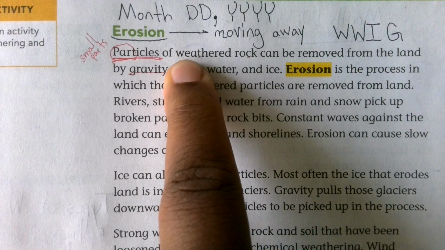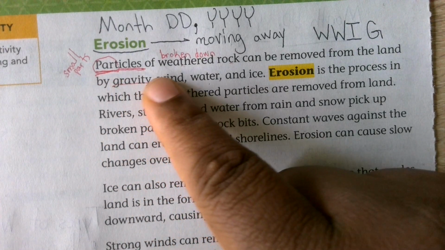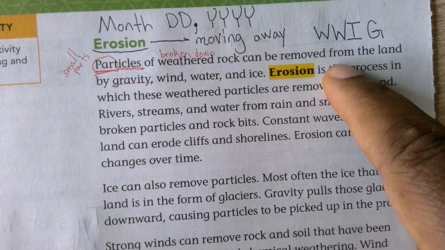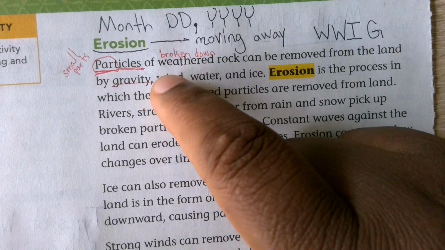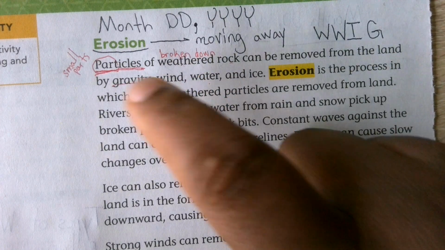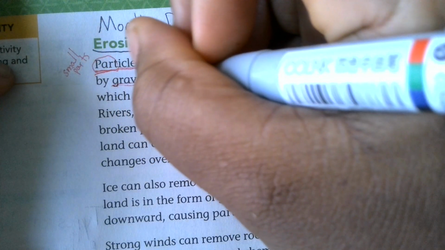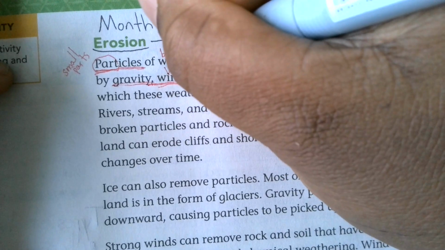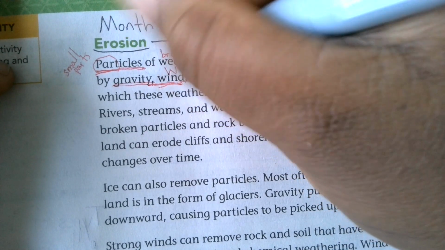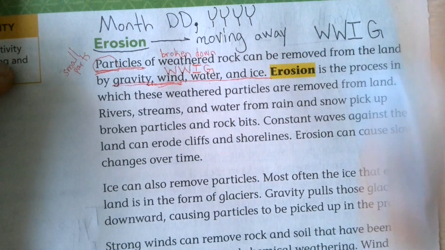So that first sentence tells me that small parts of broken down rock can be removed from the land by, and I'm going to change the order here, wind, water, ice, and gravity, WIG. I'm going to underline these 4 things. And I'm going to write my mnemonic, WIG, wind, water, ice, gravity.